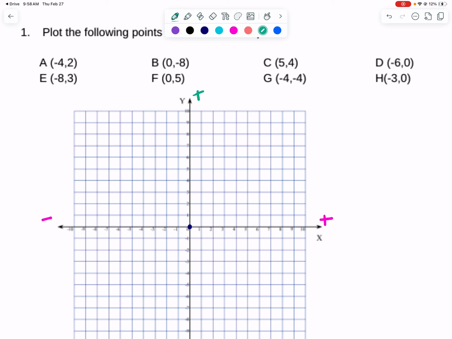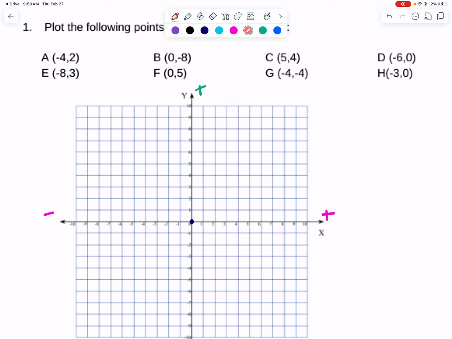I'm going to start with point A. A is negative 4, 2. Remember, x comes first, then y, just like in the alphabet. So x, I need to go backwards 4, 1, 2, 3, 4, and up 2.